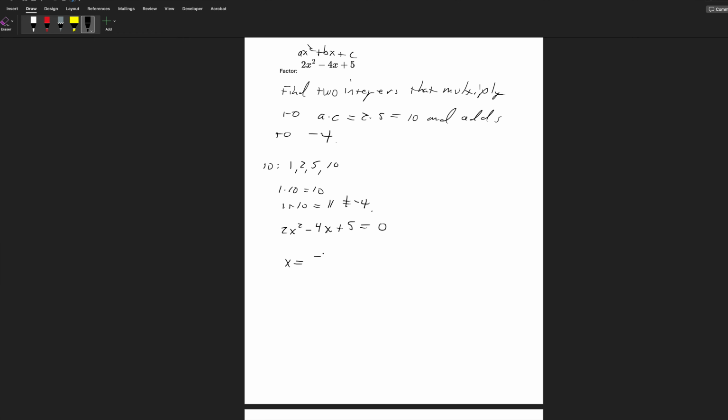If you're familiar or not, this is the quadratic formula. It comes from the method of completing the square, which we're not going to talk about here. We plug in the coefficients here and see what we get, okay?